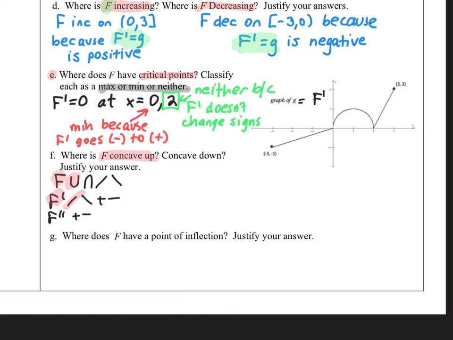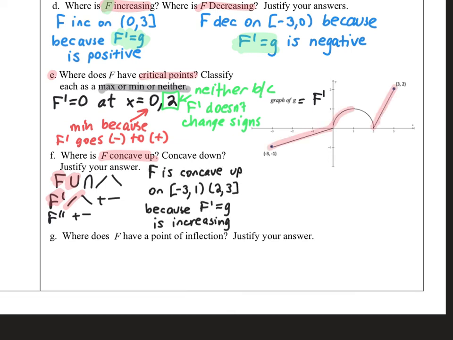So I'm looking where this graph is increasing. So f is concave up on the interval from -3 to 1, and this second one, from 2 to 3, because f prime equals g, there's that connection connecting my f prime and my g, with the graph that's given to me is increasing. The next part wants to know where f is concave down.